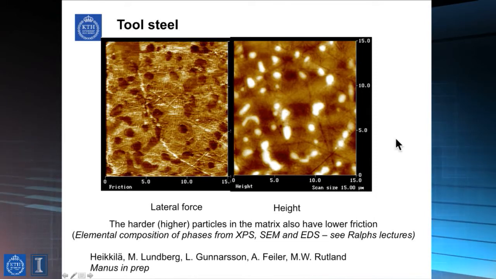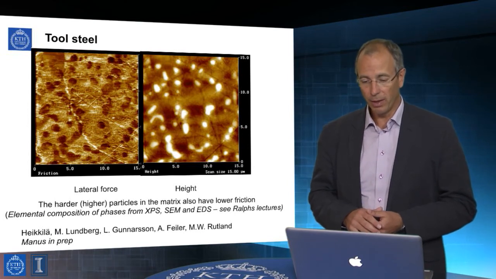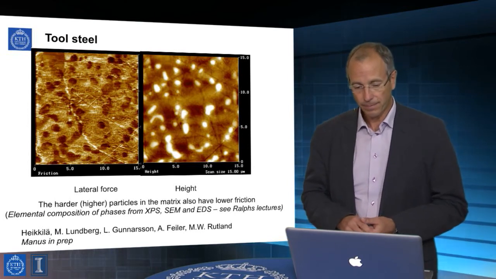And what you can see is that the white areas, which are the high areas, also correspond to lower friction, which is of course exactly what you want in a tool steel, because as you're cutting the material, you want to minimize the sort of burring and scarring of the surface that you're cutting.